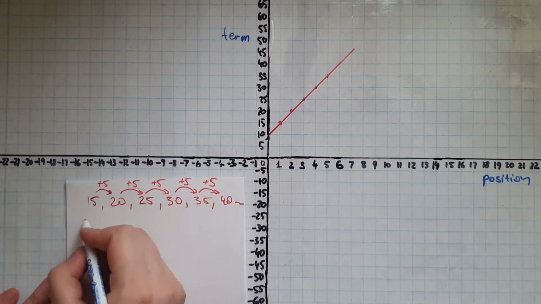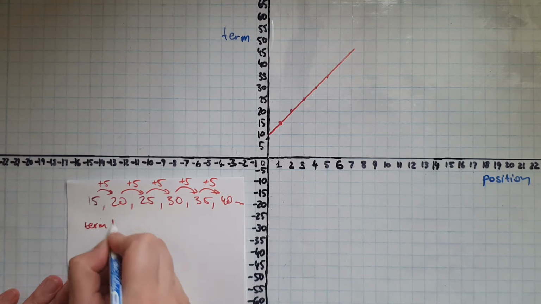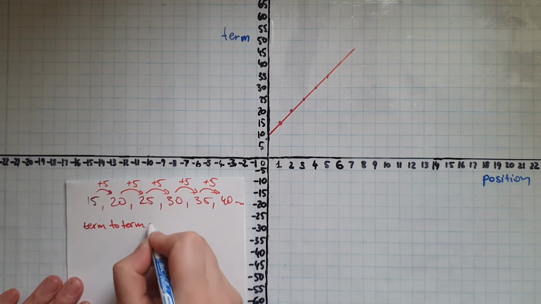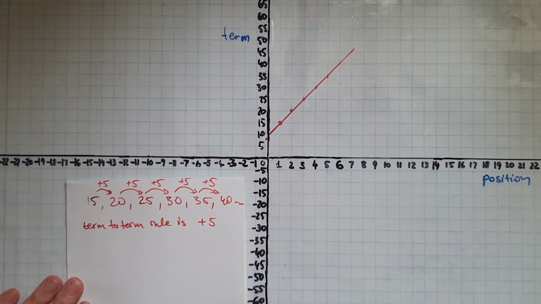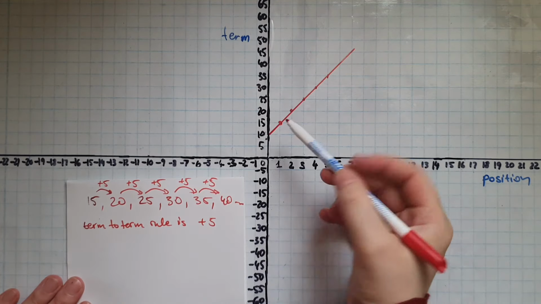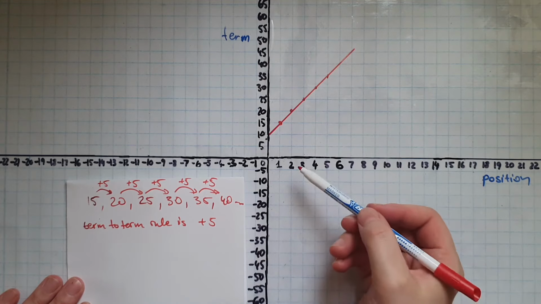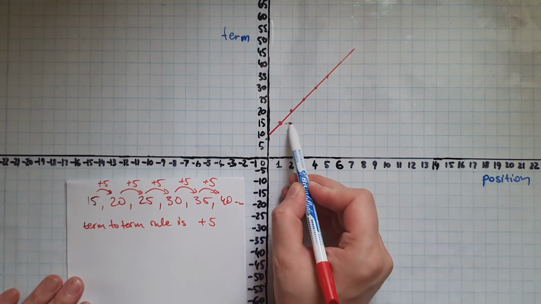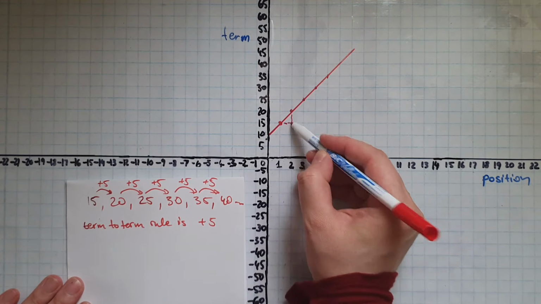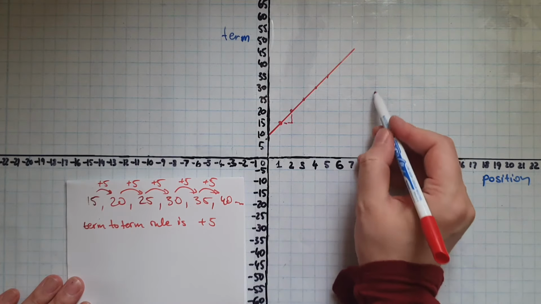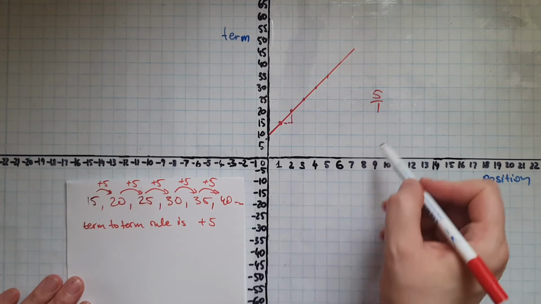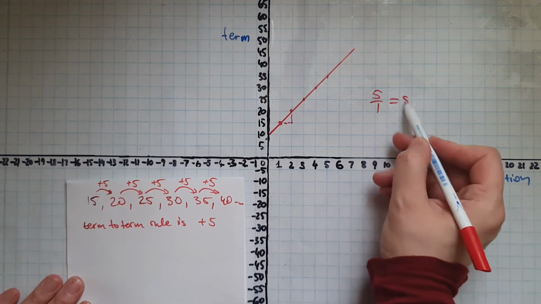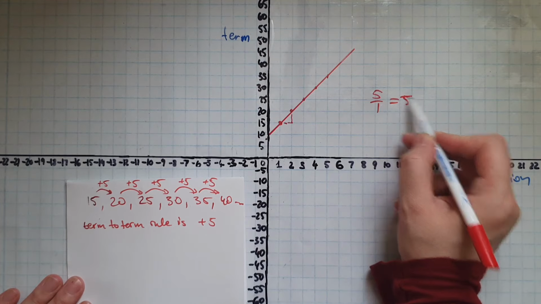So the term to term rule is add 5. That is the gradient also. So for 1 unit across, I'm going 5 up. So rise over run is 5, which is the gradient.